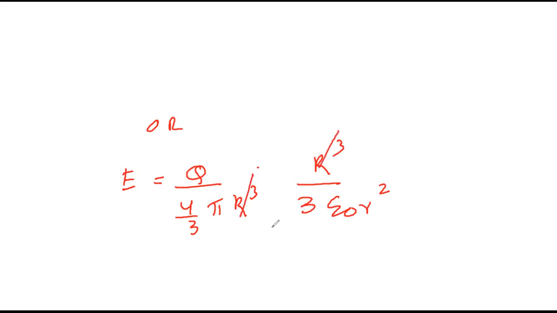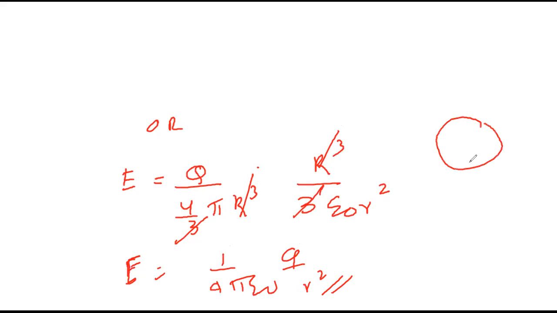So R cube cancel, 3 cancel. So is it the same as 1 upon 4 pi epsilon naught q by r square? Same आया ना? So whether it is hollow or solid cylinder, non-conducting, if the point is outside, the formula will remain the same. Copy. Then we will do the inside one.